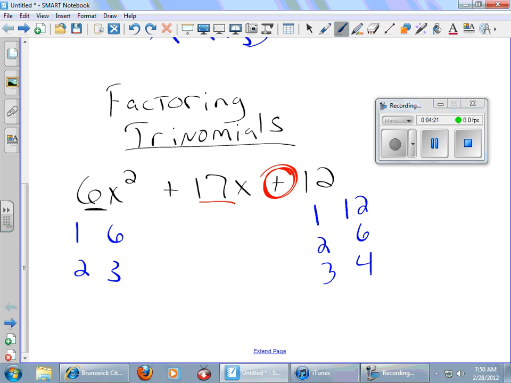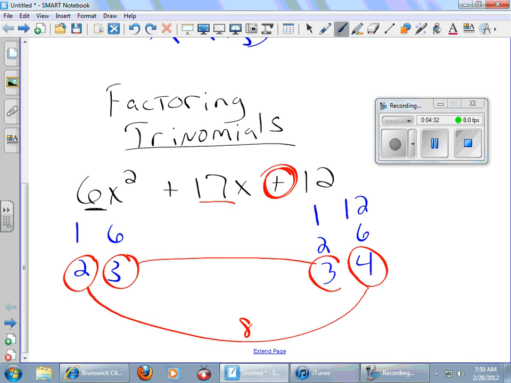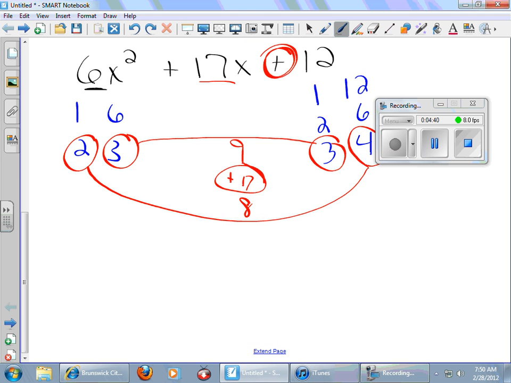Let's see here. I can get an 8 and a 9. Do you see the 8 and the 9? 2 times 4 is 8. 3 times 3 is 9. And 8 plus 9 is positive 17. Now that I know that, I've done the hard part.